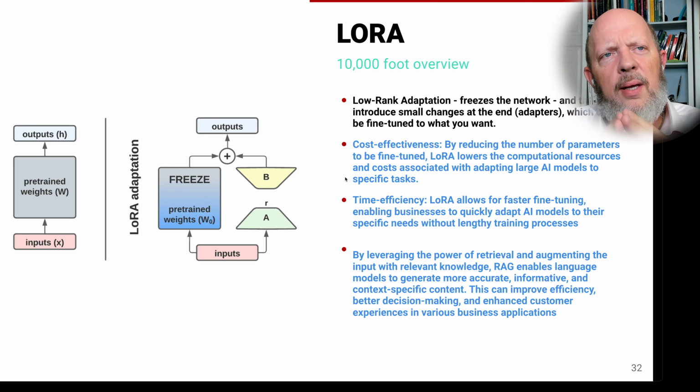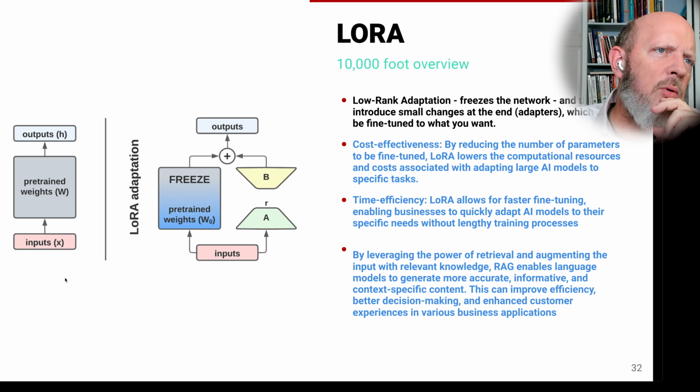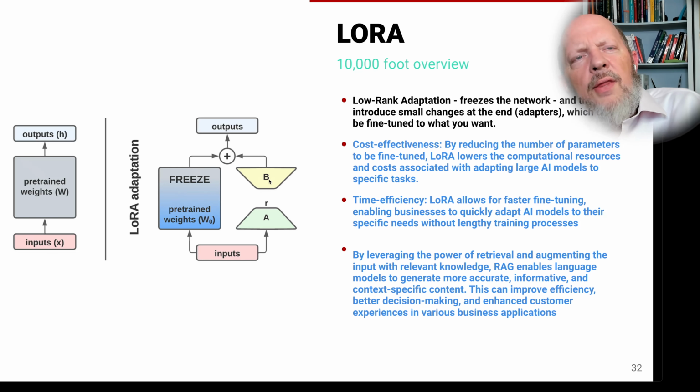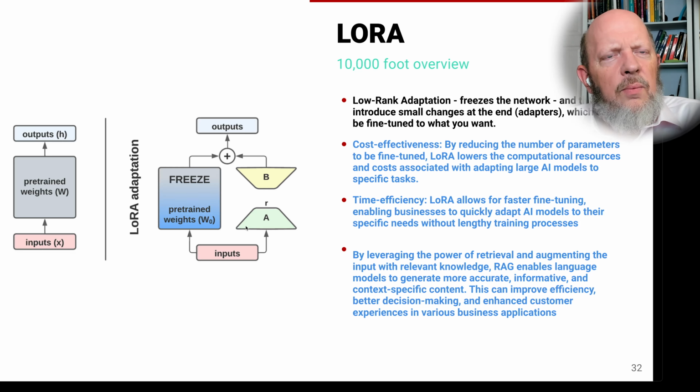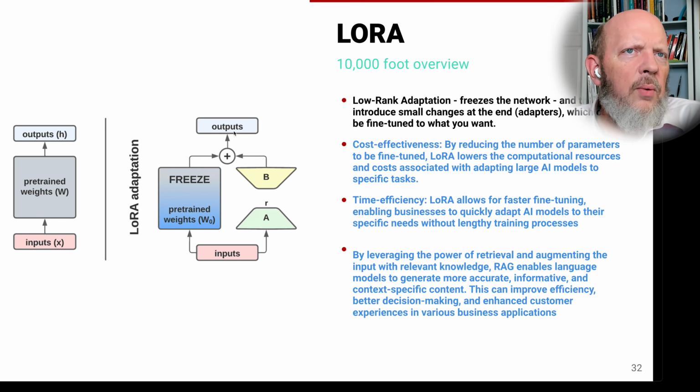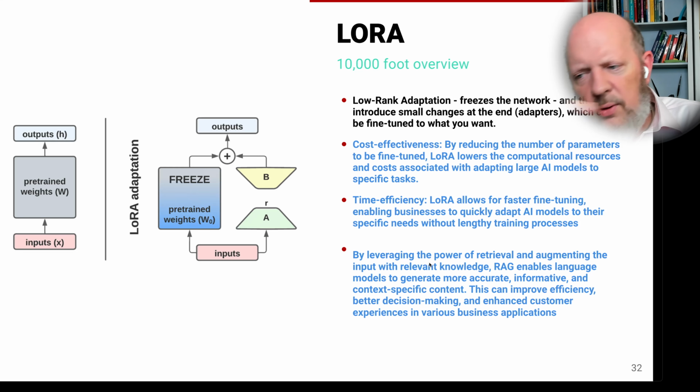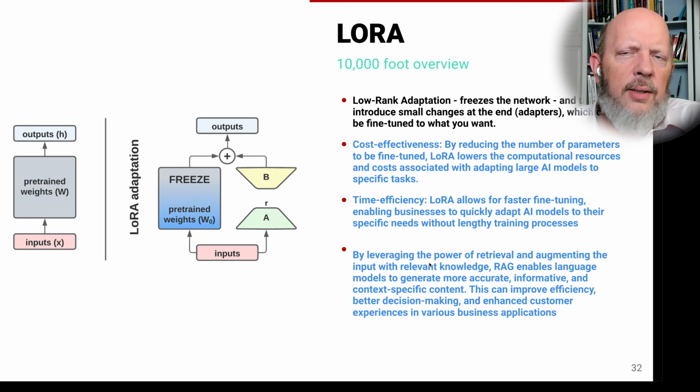LoRA is a method where, normally, the way it works is you input pre-trained weights, and we get outputs. But what if we took those inputs and modified the math on them a little bit, and we just changed them a little bit to give us the output we want? That's kind of what LoRA is. I think LoRA is going to become more important in a lot of AI processes.